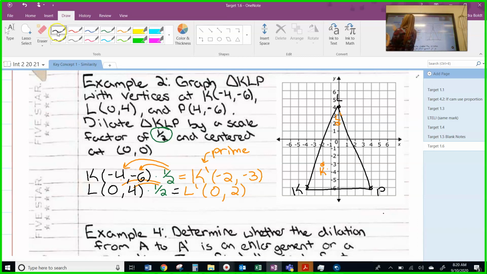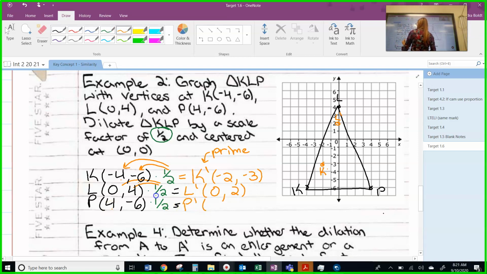My last point is P, which is at (4, -6). I multiply by my scale factor and I get my P prime.